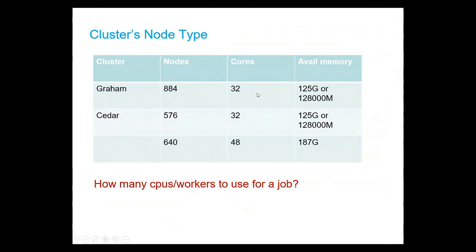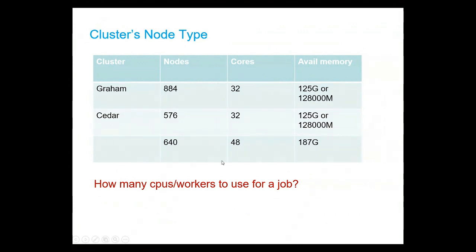That means the maximum physical cores you can use for MATLAB PCT, or for any type of shared memory code like OpenMP code, is 32. You cannot ask for more than that. If you ask for more than that, your code still runs, but you will not get any benefit out of it.